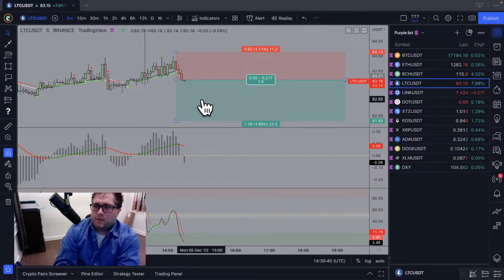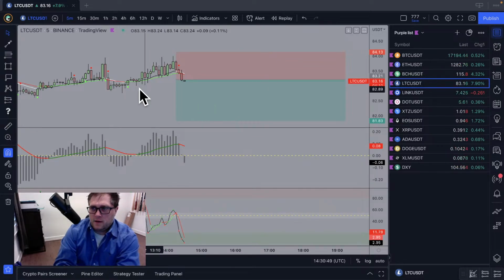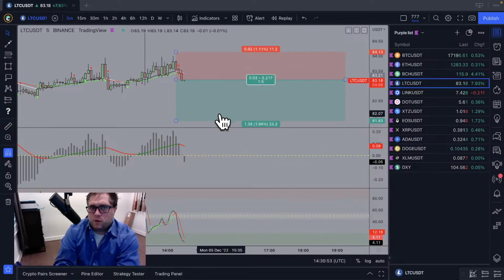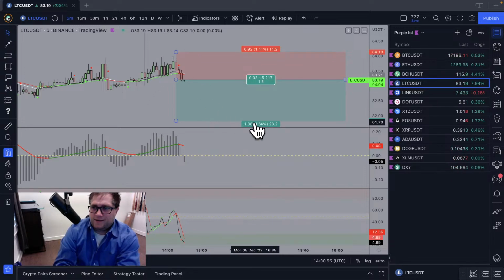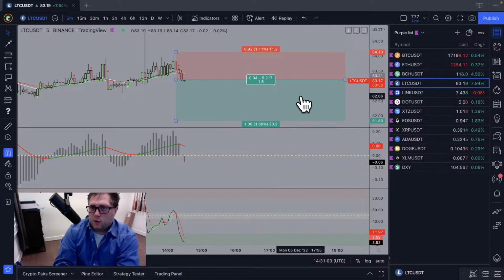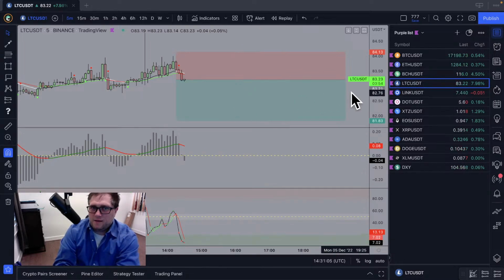Another mistake that people have: cryptocurrency is so volatile, right? It's extremely volatile. We're targeting 1 to 1.5. That doesn't mean we come down here to $82 and we don't protect those profits. We're going to protect the profits because cryptocurrency moves so much.